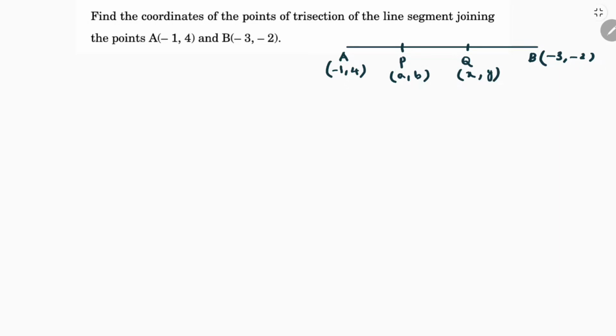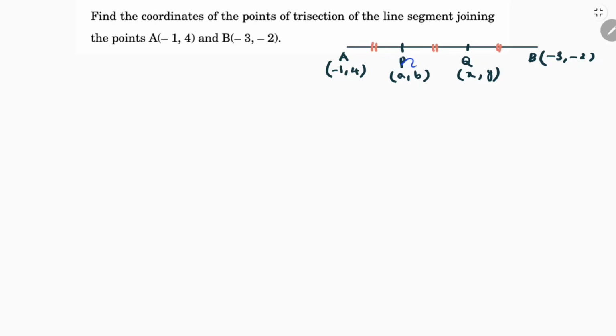Now see here clearly P is the midpoint of AQ because of 3 equal parts. Here AP is equal to PQ is equal to QB because of trisection.